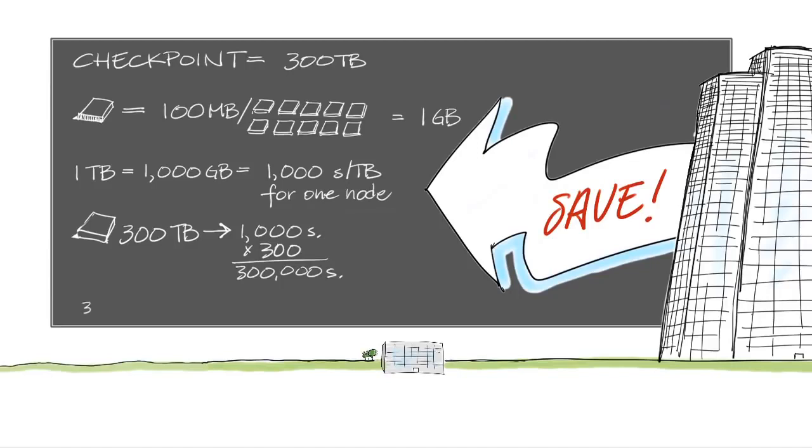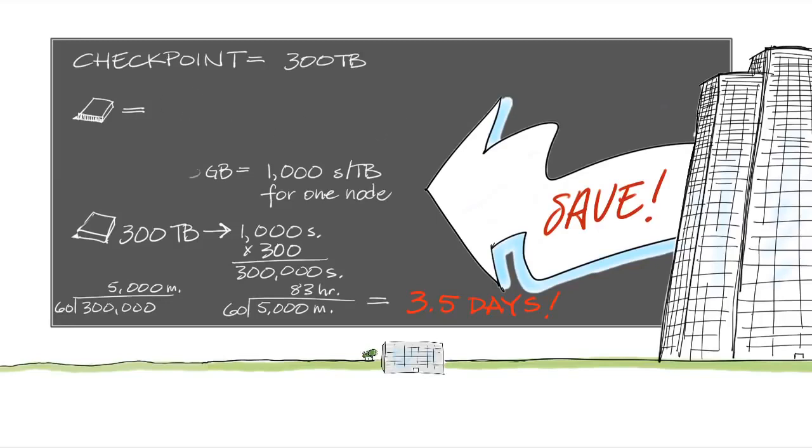Now, 300,000 seconds divided by 60 seconds is equal to 5,000 minutes. 5,000 minutes divided by 60 minutes per hour is equal to approximately 83 hours, which is approximately 3.5 days per 300 terabyte checkpoint. But luckily, we can afford more than one storage node.